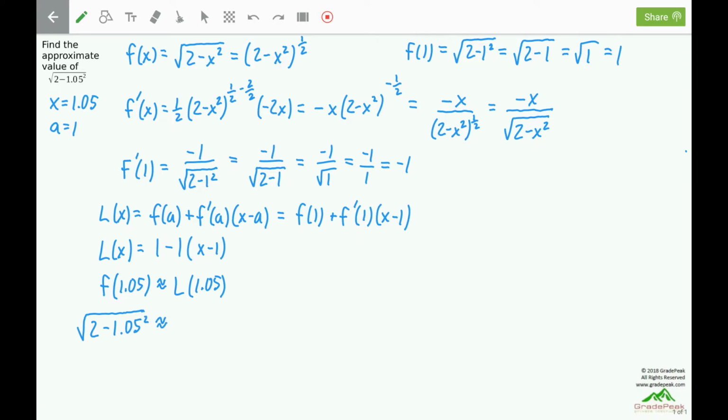And that's approximately equal to L of 1.05, which is L of x replaced with 1.05 for the x, which will give 1 minus 1 times 1.05 minus 1, which is equal to 1 minus 1 times 1.05 minus 1 is 0.05, which equals 1 minus 1 times 0.05.